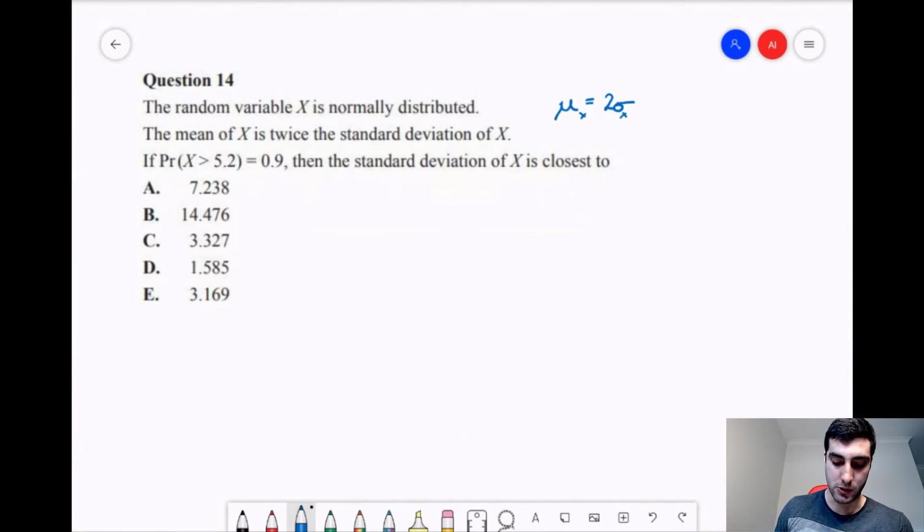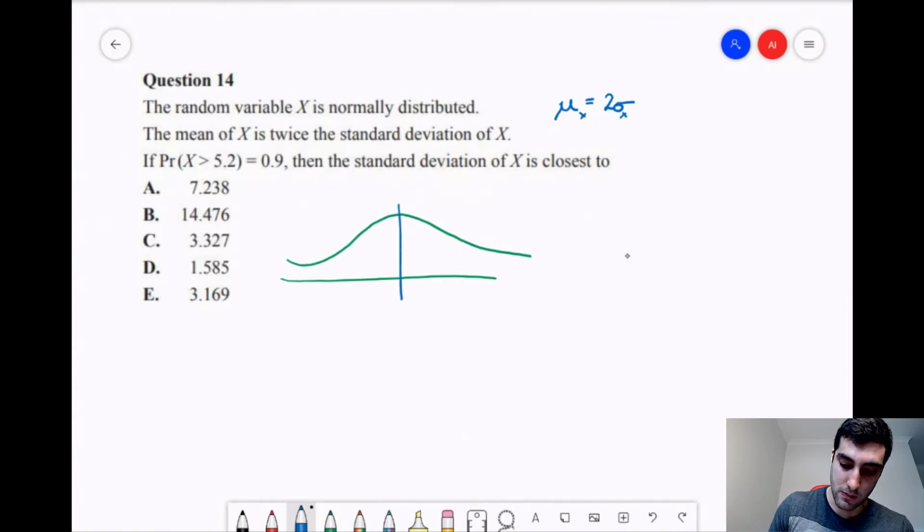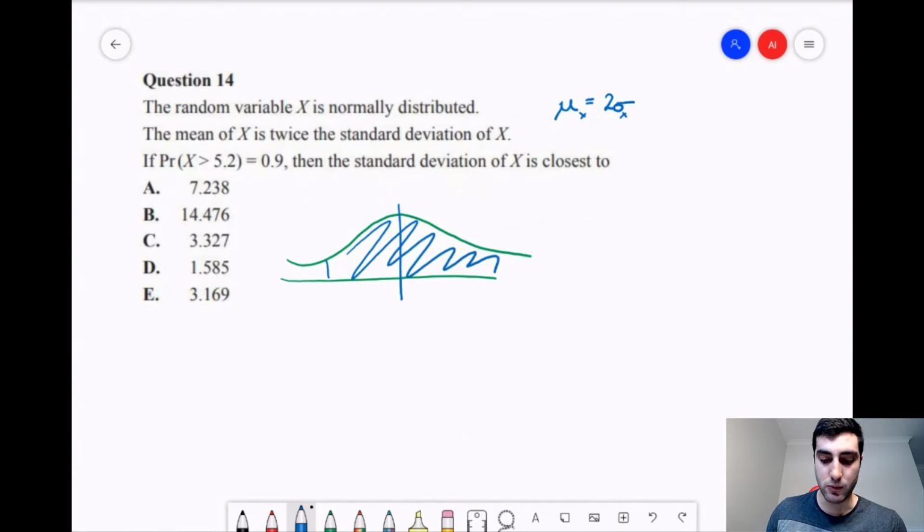Those that know me know that I like to always draw out a normal distribution to annotate and make it a bit clearer. So we know if it's greater than 5.2, then we're going to have 0.9. In other words, this area, greater than something, will give us 0.9, so it has to be to the left of the mean.